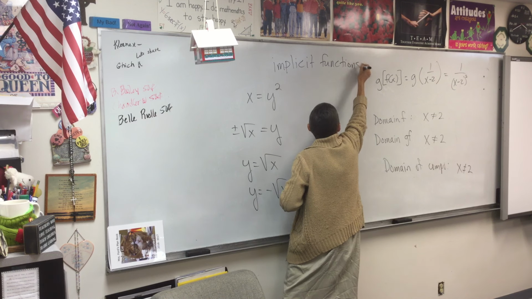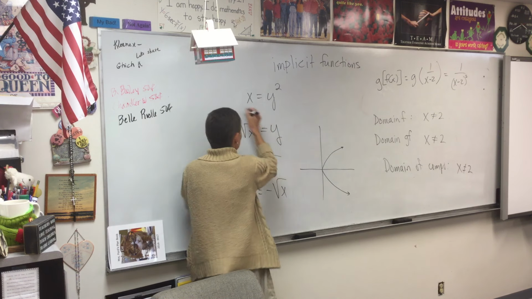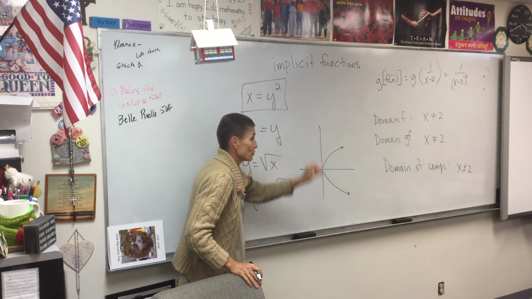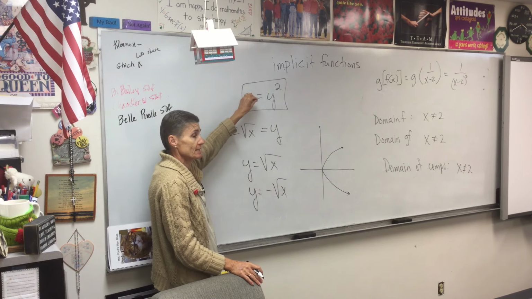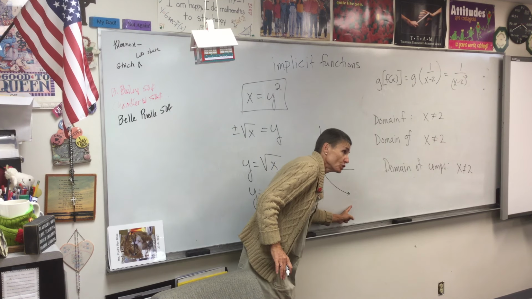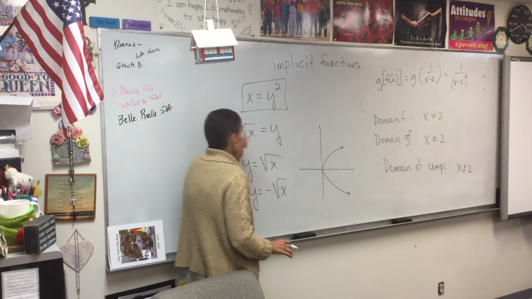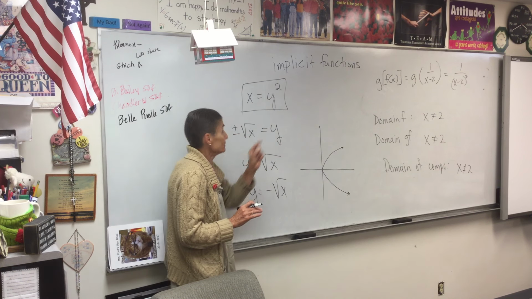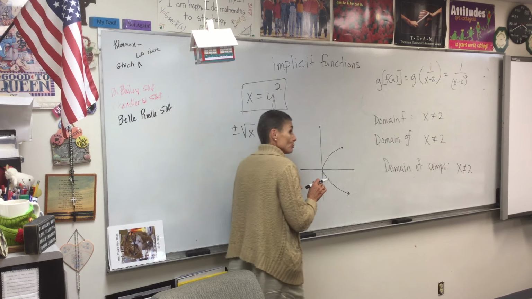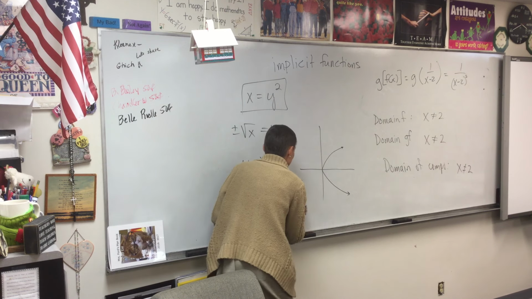Now, what that means is the original curve was not graphable on your calculator. You could not put this into your calculator because it is not a function. But implied in that equation are two things that are functions.